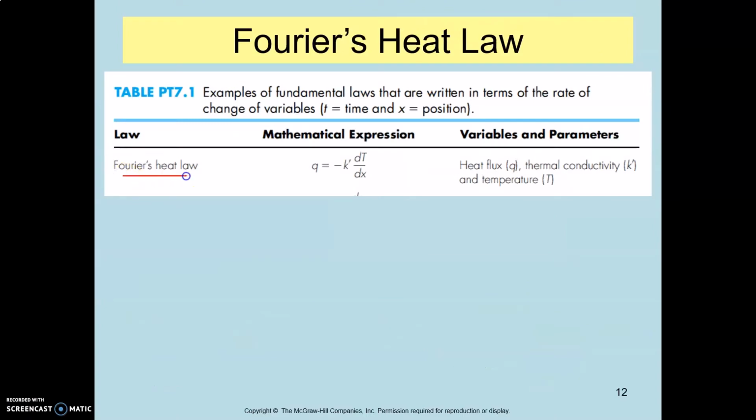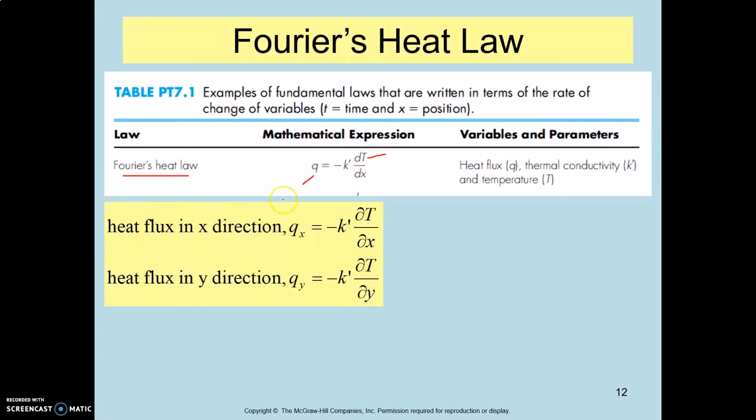From Fourier's heat law, we can link the heat flux to the temperature change over delta x. In other words, the heat flux in the x direction, with the notation Qx, can be written into this formula. For the heat flux in the y direction, we change the dx into delta y.